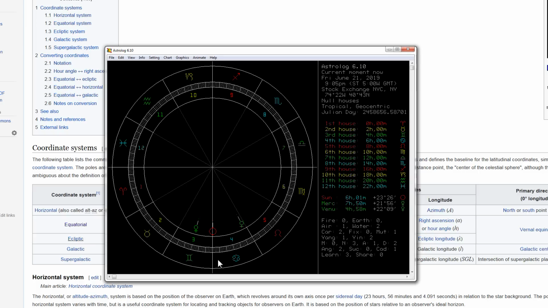Now what that means is anytime any planet is around here in the zodiac, Gemini, Cancer, it's going to be very close, if not at maximum declination. Also, it will be at minimum declination in one of these two signs, Sagittarius or Capricorn. It'll be at 0 degrees declination in one of these signs and one of these signs.